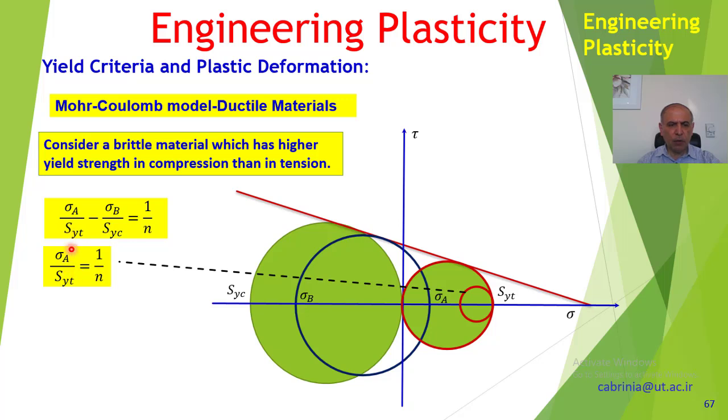So we get sigma A over SYT equal to 1 over n, and the condition for this equation is that sigma A is greater than sigma B, which is greater than or equal to 0. And this circle should not go out of the SYT. So that's how we get a special case of this one.